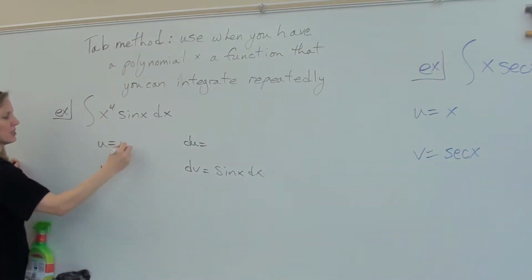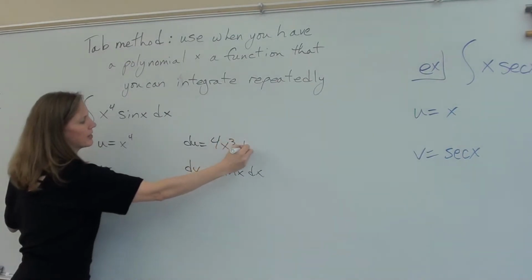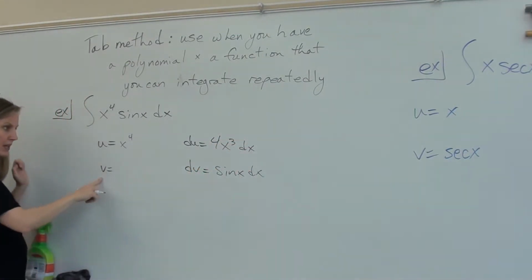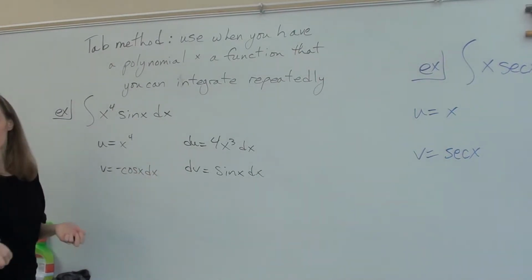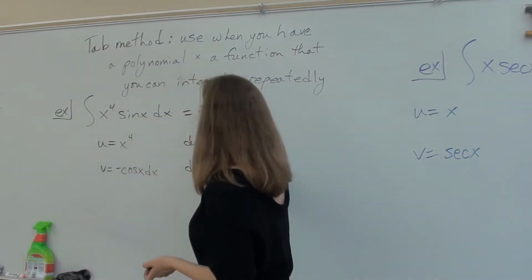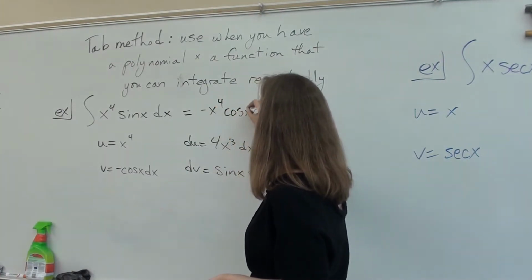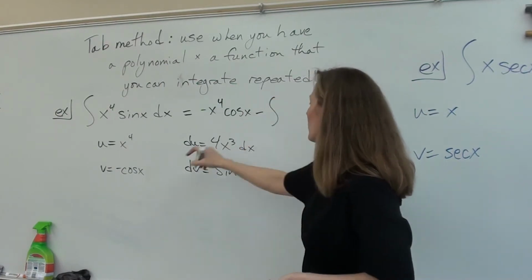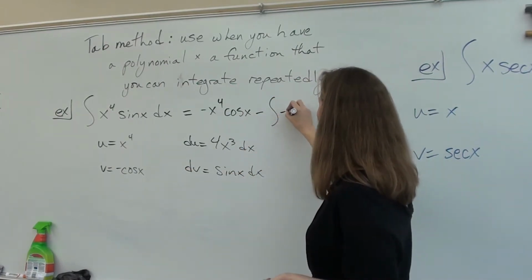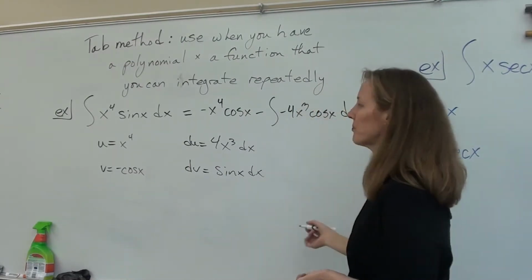So u would be x to the 4th, du would be 4x cubed dx, and v would be negative cosine x, right? So you'd end up with uv, negative x to the 4th cosine x, minus the integral of v du, so negative 4x cubed cosine x dx.